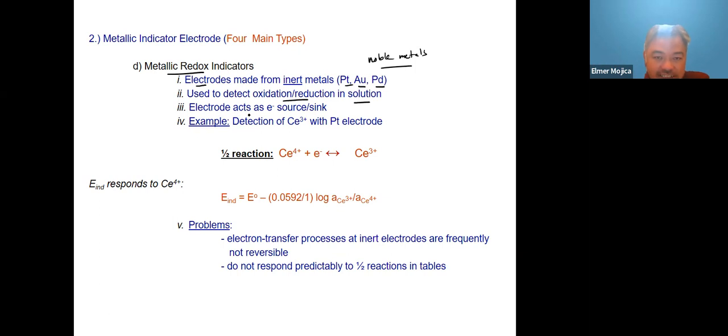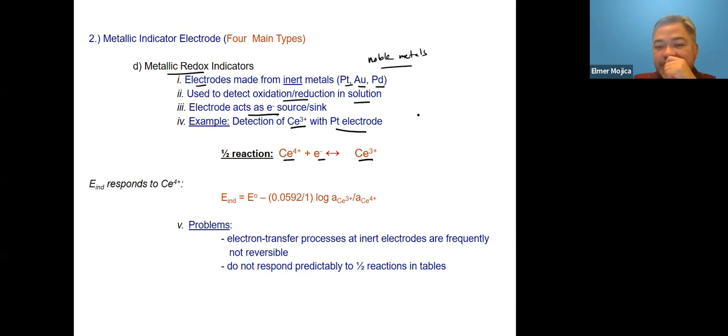And as I said, it acts as either an electron source or a sink for electrons. So the classic example we can do here is this platinum electrode that is detected by Ce3+. So there's a reaction there of Ce4+ reacting with an electron to give you Ce3+.